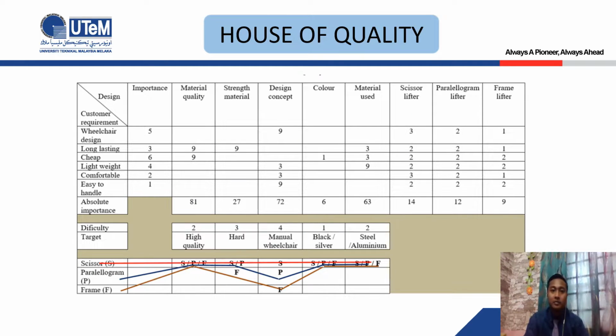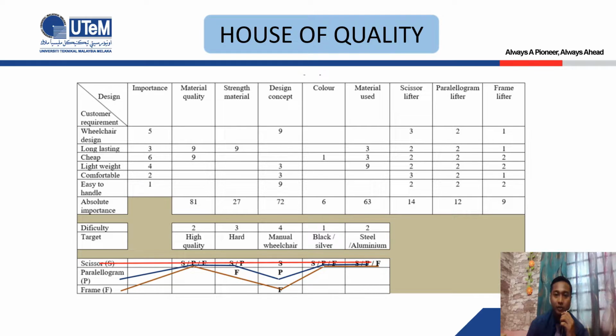So this is my House of Quality of the concept sketch that we want to evaluate. Basically, the first thing we need to know is the customer requirement based on the survey that was distributed earlier. We plot customer requirements on the left-hand side of the table with their strength of importance between 1 and 6. Next, on top of the table are the designs, which is what the engineer can give toward the customer requirement.